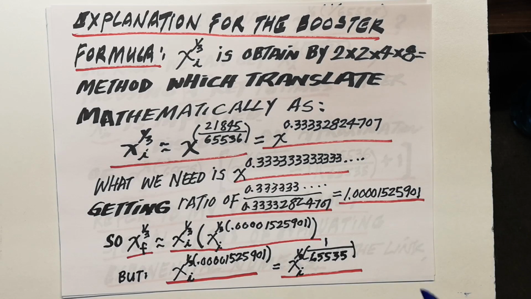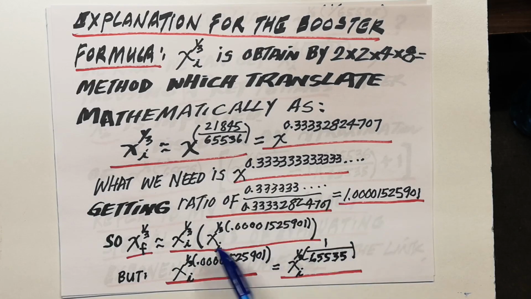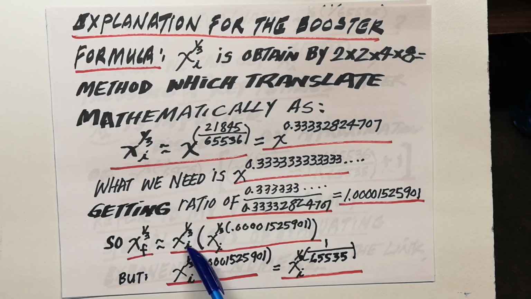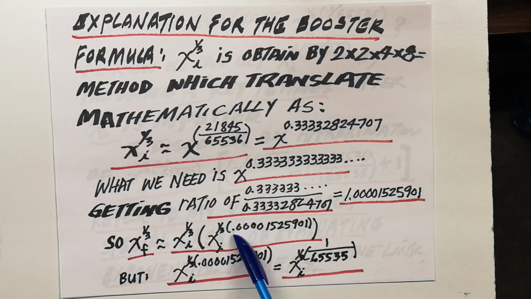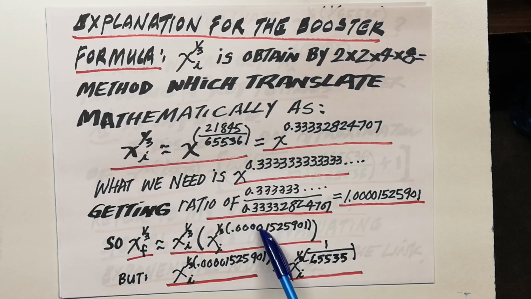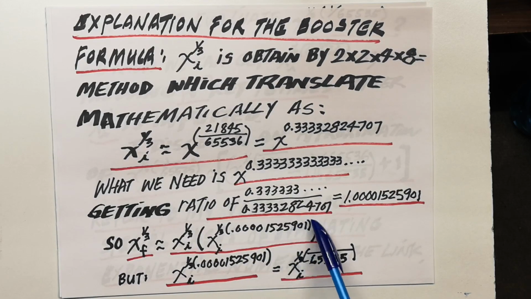will get you a ratio of 1.0000152591. So therefore, the cube root of x final is approximately equal to, this 1 is the cube root of x initial, right? That's 1. And the other one is the cube root of x initial raised to the 0.0000152591.